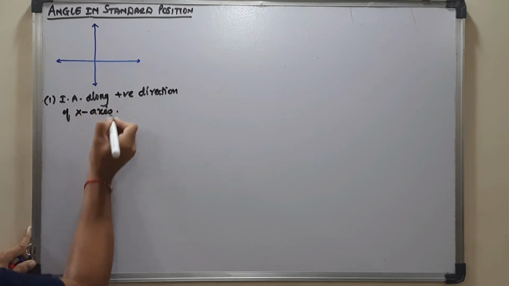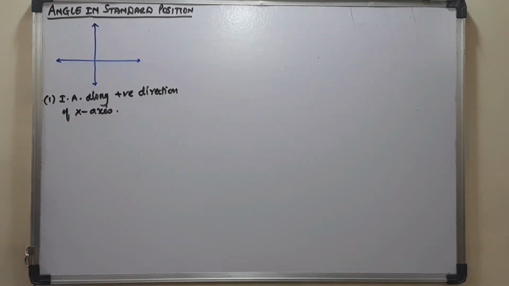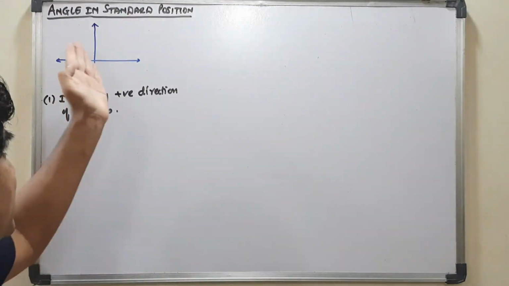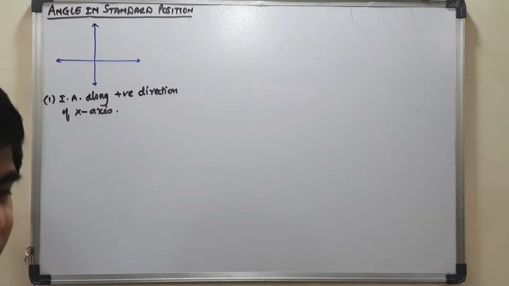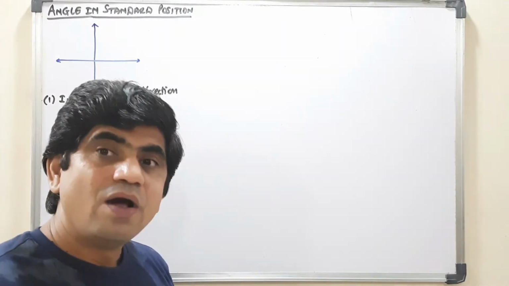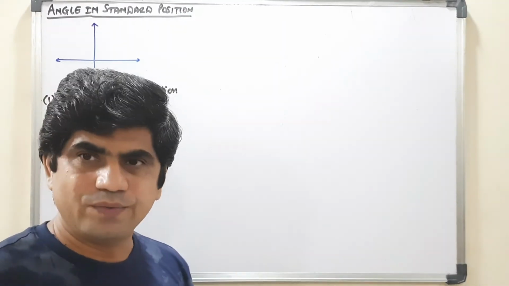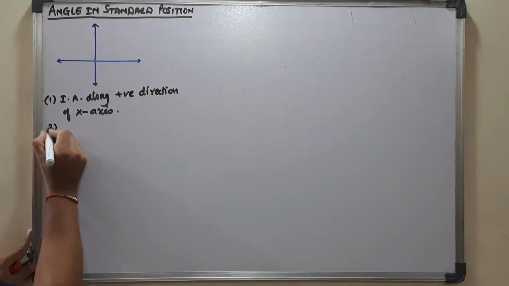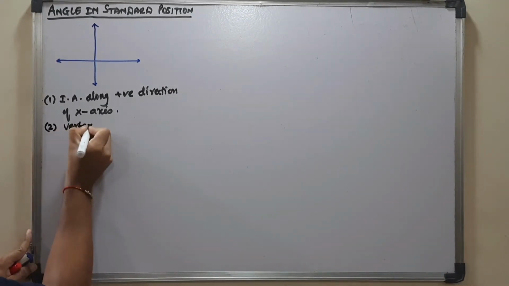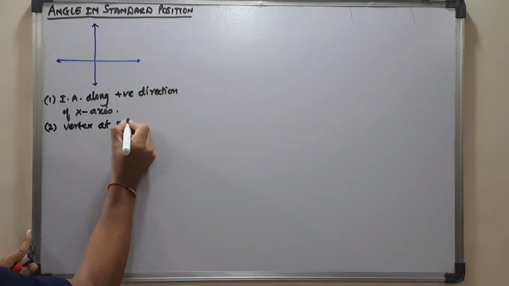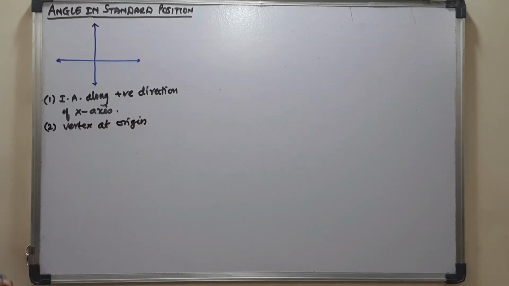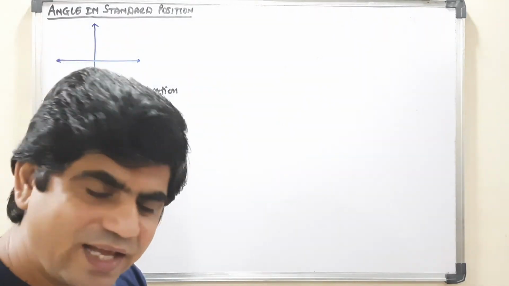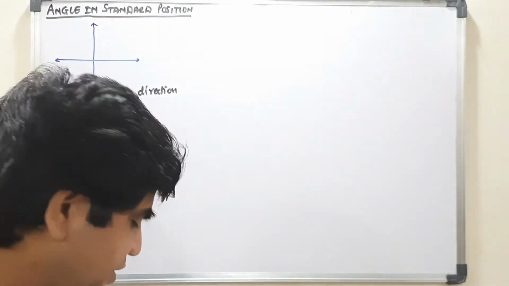I suppose you know what the positive direction of the x-axis is. You have studied it in lower standard already. This is the positive direction of the x-axis, this is the negative direction. So where will the vertex be now? The vertex must be at the origin. Vertex at origin. So that particular angle is called an angle in standard position.